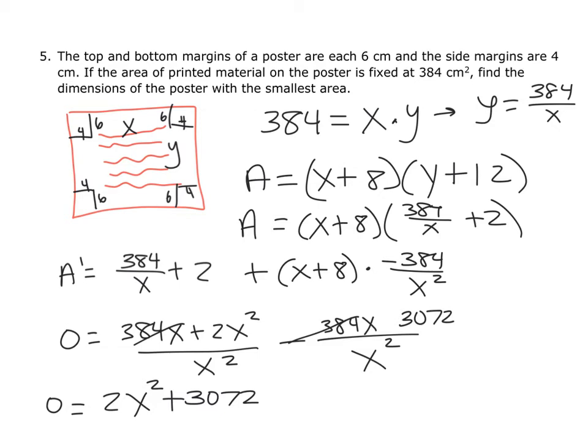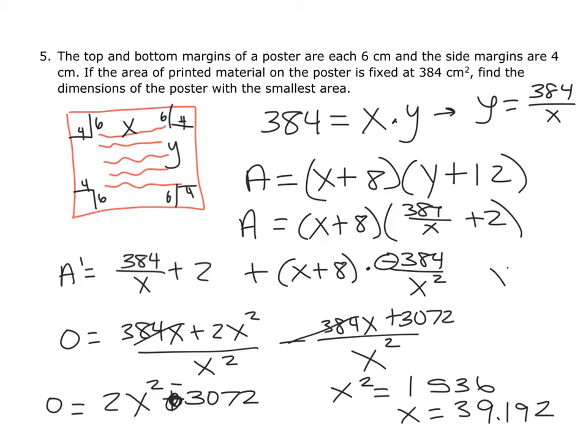This is supposed to be a plus, because the minus, I brought this minus to the outside, so this is minus. So x squared equals 1536. X is the square root of 1536. Is that a real number? Nope, that's a decimal. 39.192.